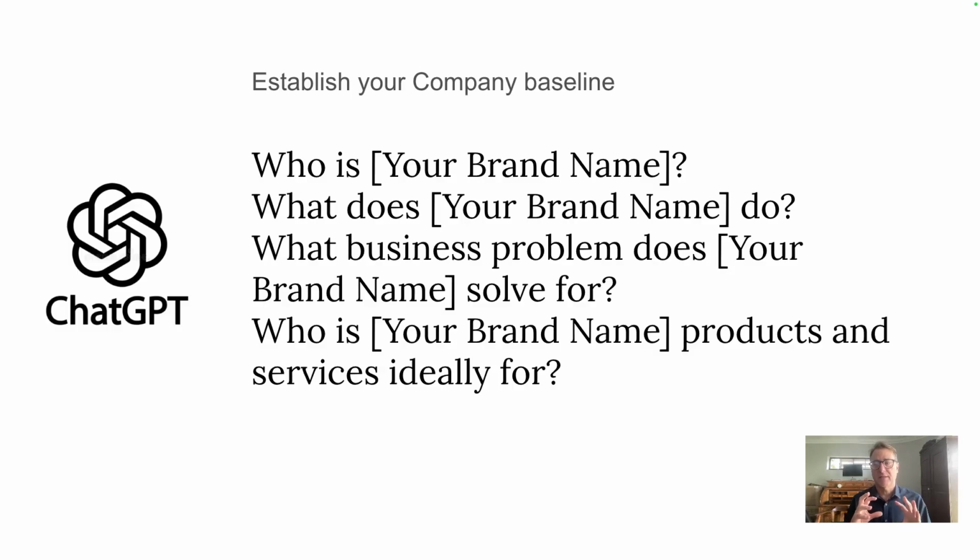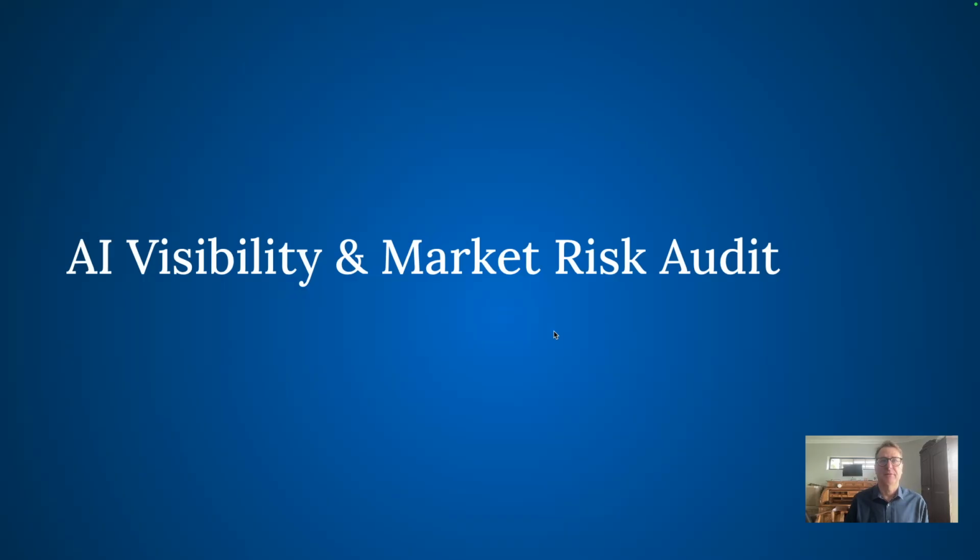This is your baseline of trying to figure out how ChatGPT, Grok, Gemini, Claude interprets your business and your brand. Once you have this baseline, then the other audit parts will fall into play.